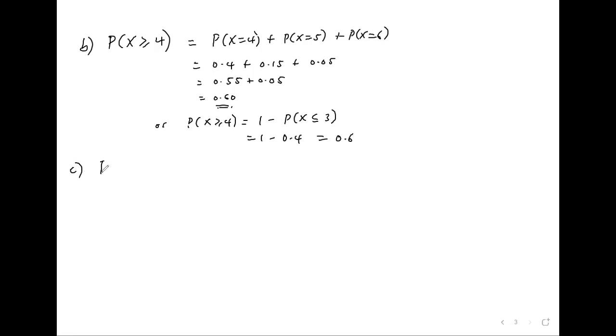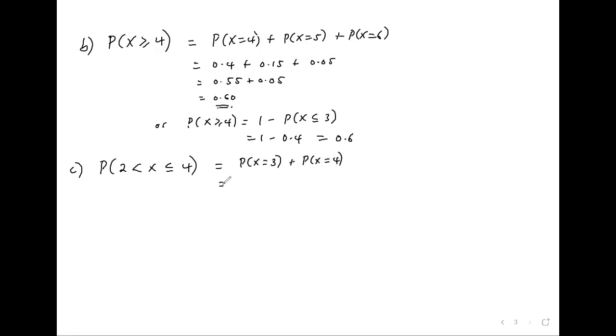Then C, the probability that 2 is less than X, which is less or equal to 4. This is the probability that X is equal to 3. For discrete, less or equal to is very, very important. If you stick to less, you don't include that number. So it's different from continuous. Then plus the probability that X is equal to 4.